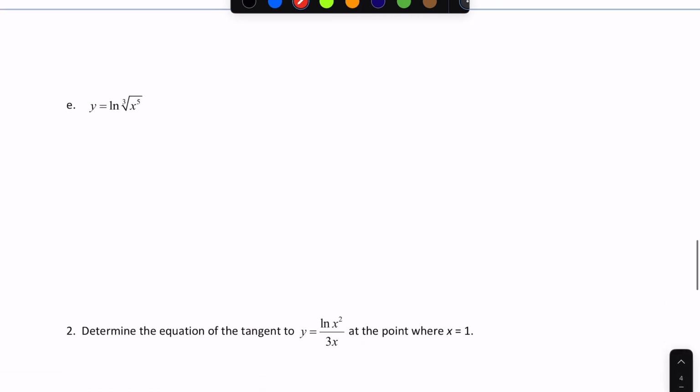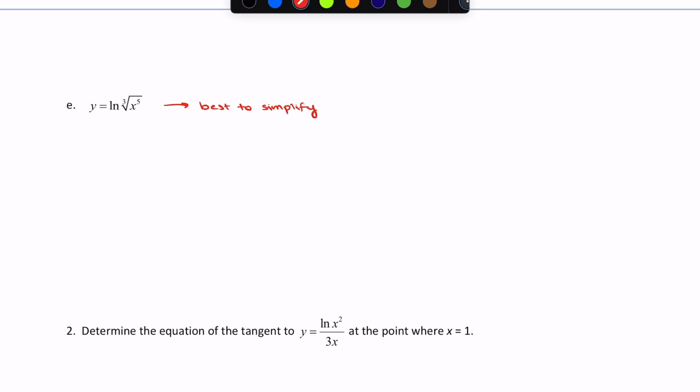Okay, so let's keep going. Let's look at this example E here. So y is equal to the natural log of the cube root of x to the power of 5. And here, the first thing we want to do, the best thing is to simplify first.